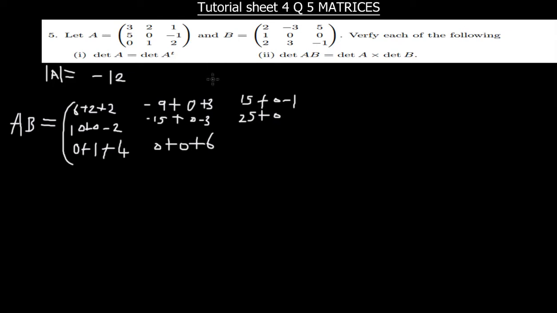And then negative 1 times negative 1, you get a positive 1. And then 0 times 5, you get your 0. 1 times 0, you get your 0. And then lastly, 2 times negative 1, you get your negative 2.